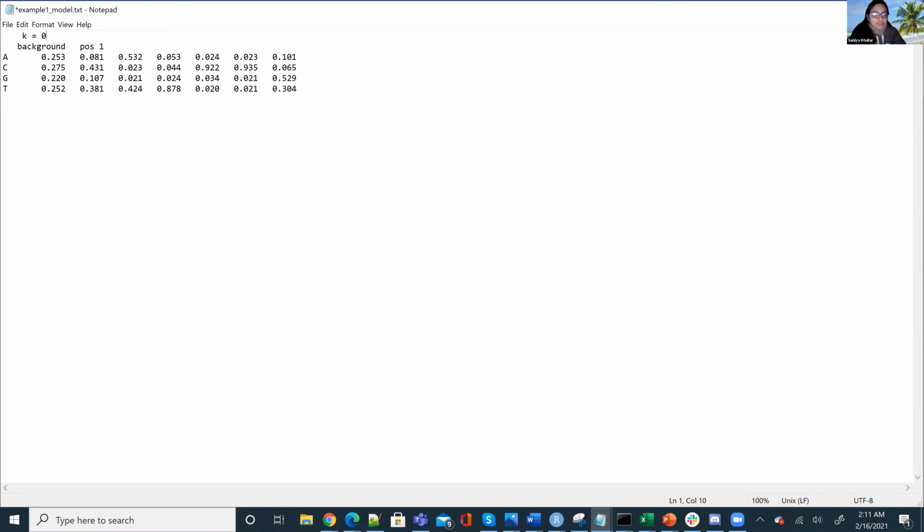Oh, sorry, this is K equals 0. Position 1, position 2, like if we had a motif, and this is position 3, position 4, position 5, and then this should be position 6. So these over here are all like this part here. This is all the motif.